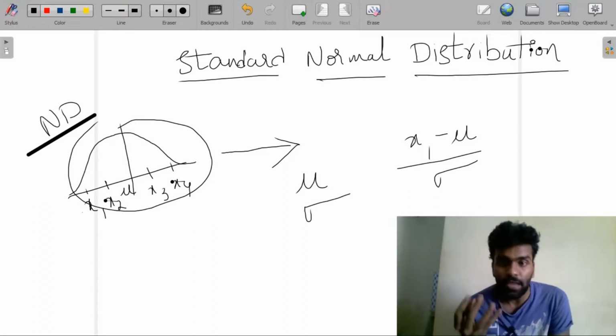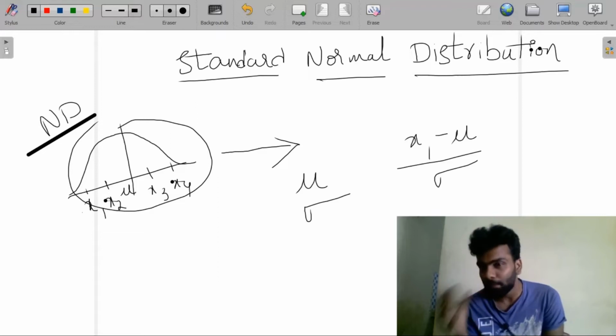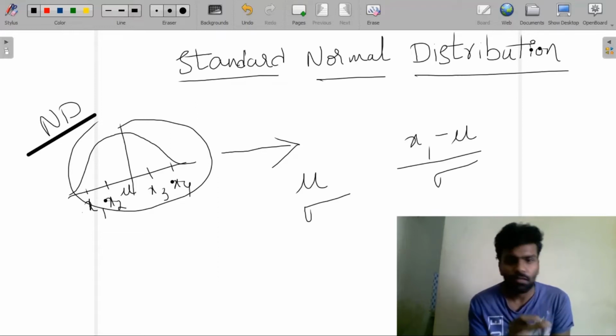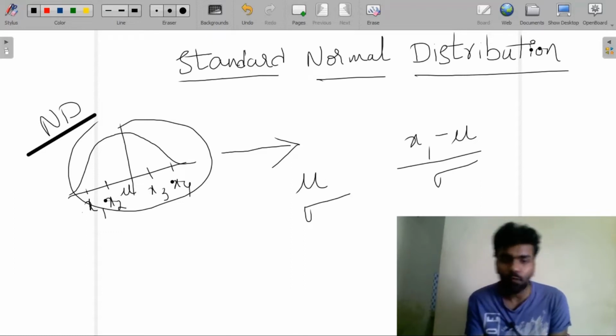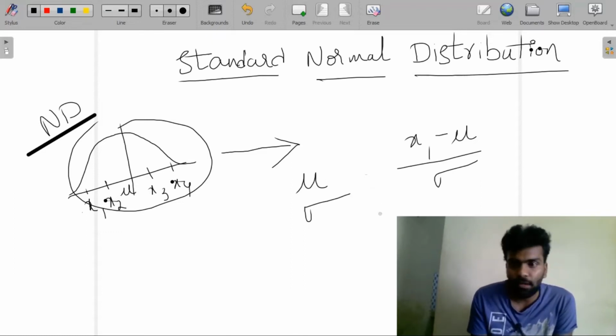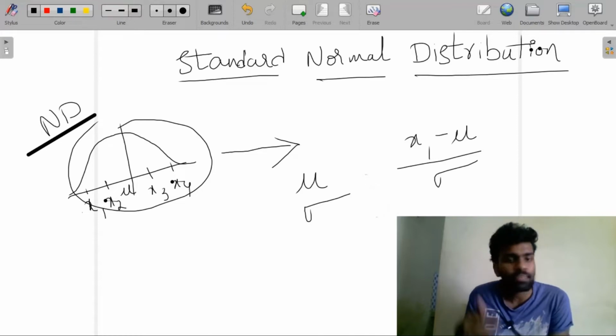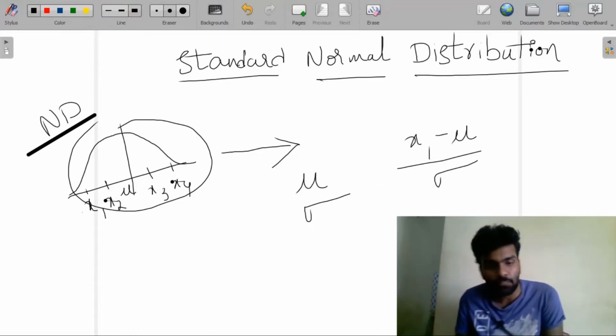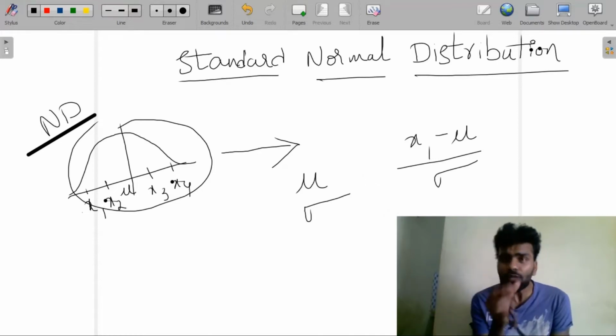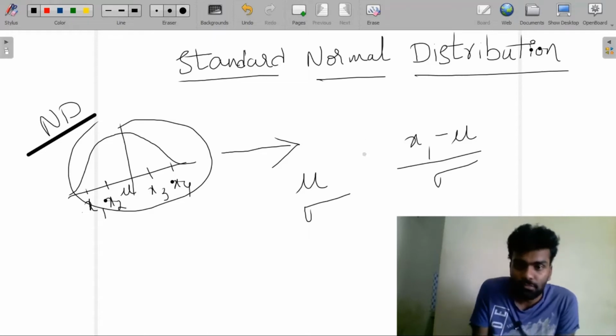This process, subtracting the mean and dividing by the standard deviation, we do for all the points. Similarly, x2 minus mu by sigma, x3 minus mu by sigma, and x4 minus mu by sigma. What do we call this? We represent it using z.